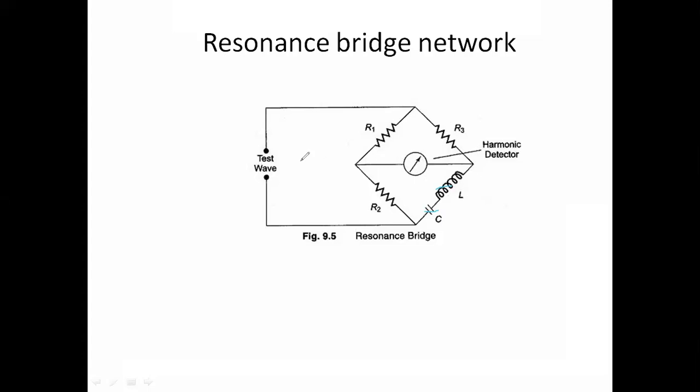When the applied test signal has a fundamental frequency and harmonic components, we make these two circuits resonate to match the fundamental frequency. At that moment the bridge is balanced and it shows 0. After that the bridge is unbalanced due to the harmonic components.